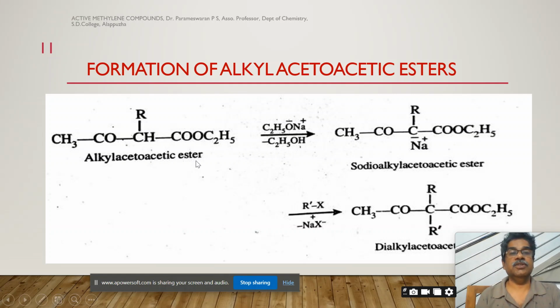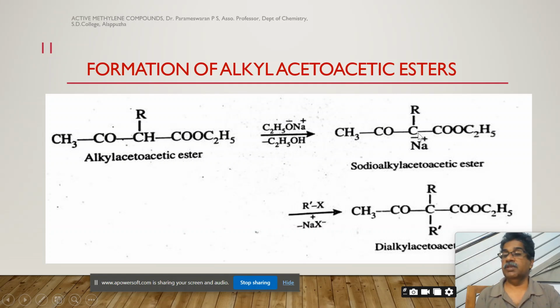See, this is alkyl acetoacetic ester, but it still contains one more H. So when it is treated with sodium ethoxide, what will happen? This ethoxide ion abstracts the proton from here, so that it becomes C minus and Na plus. That is sodium alkyl acetoacetic ester.